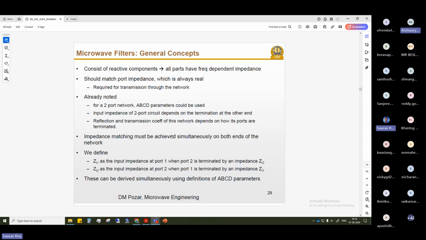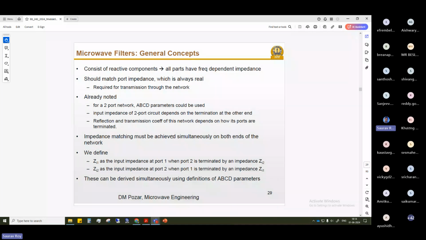If you have studied transmission line, you know that inductor and capacitor both can be replaced with a small section of microstrip line. I suppose that is the basic thing you know from your transmission line.